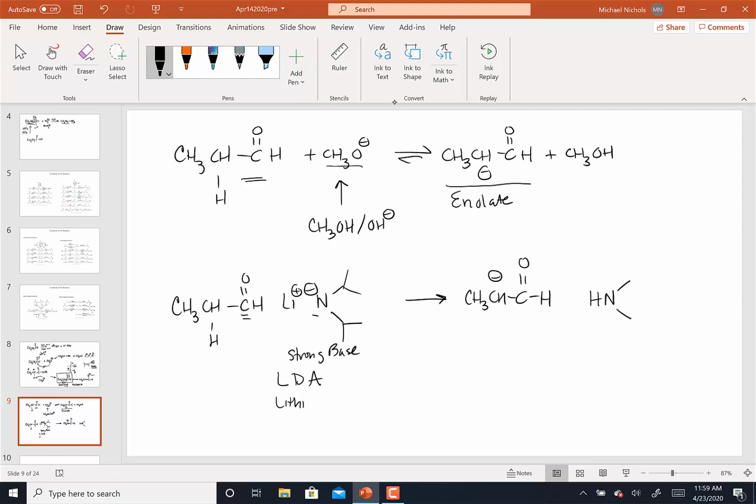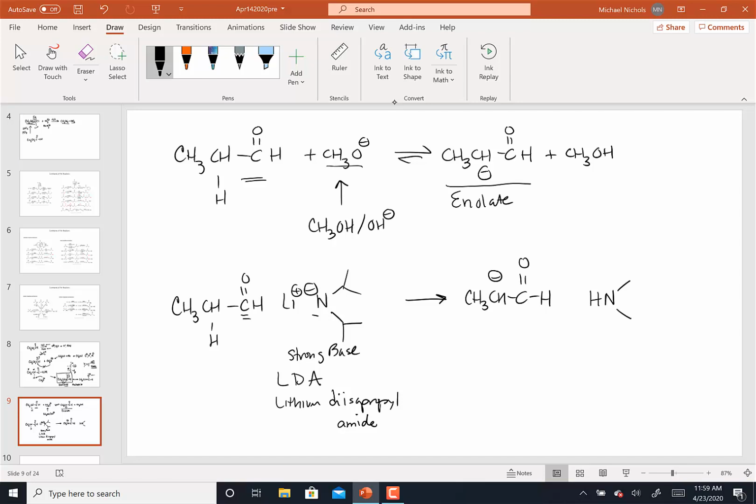So I'll just write out the name. LDA was one of the first really strong bases that was developed that allowed us to form enolates in 100% yield, and they wouldn't attack the carbonyl as a nucleophile.